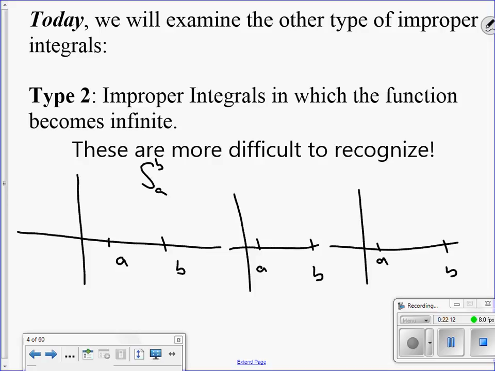But what follows is some function that's got one of these three things going on. You either have a vertical asymptote on the left endpoint, so you're trying to gather the area underneath it from a vertical asymptote to the other end. Or you could have that vertical asymptote on the right.